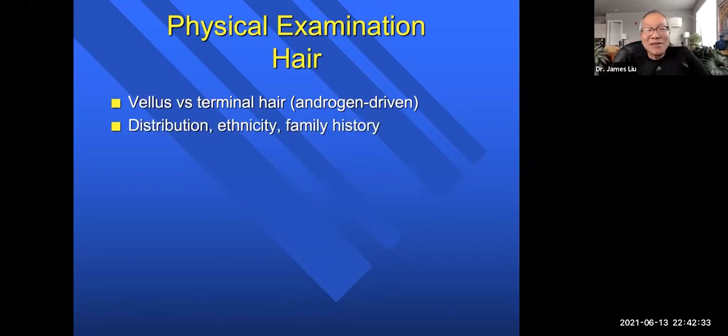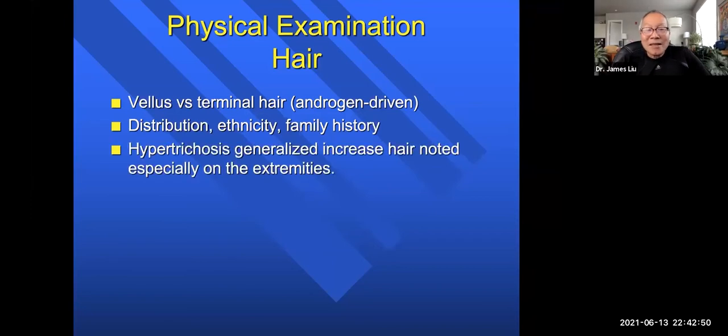And obviously there is a strong ethnic genetic component to this. Certain ethnicities have thicker, darker hair, more prominent, and it may be in the family. This is different from a condition called hypertrichosis, which is just generalized increase in body hair, more noted on the extremities rather than in the midline.